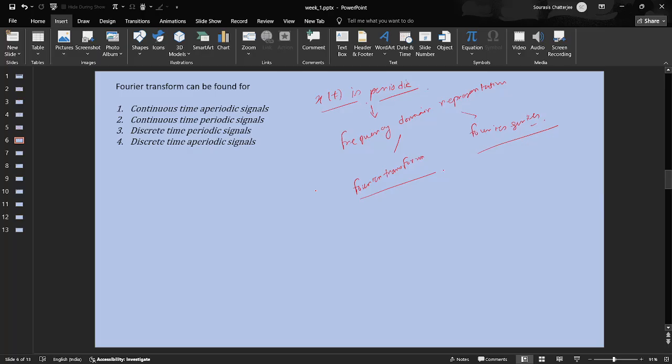Can you tell me also one key difference between the Fourier transform and Fourier series? Both are frequency domain representations, but if you are asked what is the key difference between them, what are you going to say?